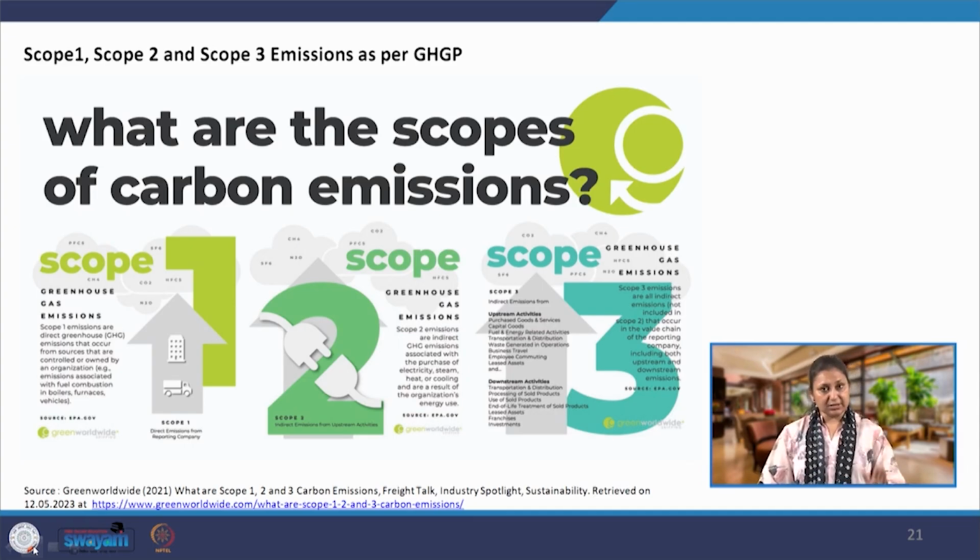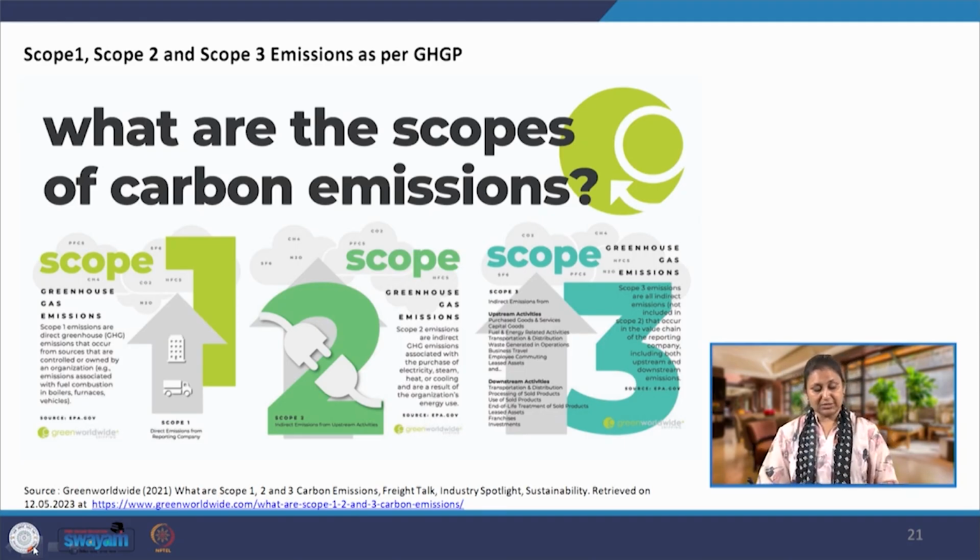We will discuss in detail, but very broadly, you have to understand that scope 1 emissions are the direct greenhouse gas emissions that are occurring from the sources that are controlled or owned by an organization. For example, when I am talking about the bus fleet, the emissions that are happening because of the transportation fleet are a direct emission.